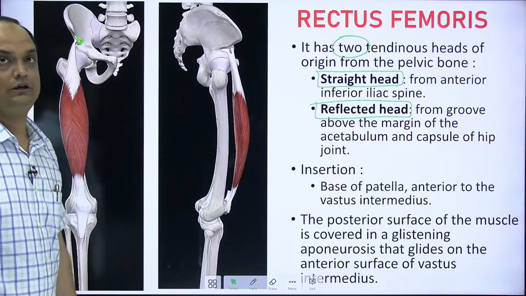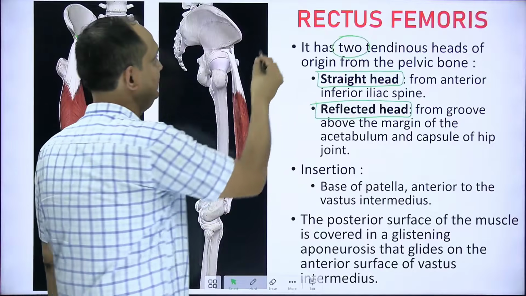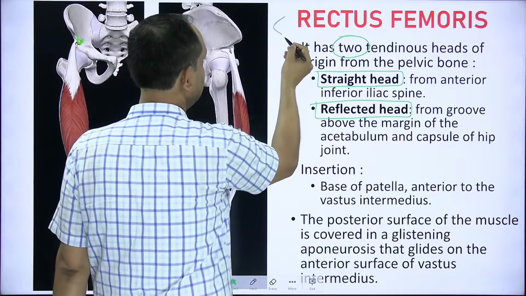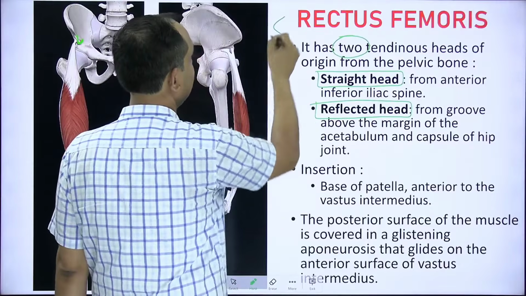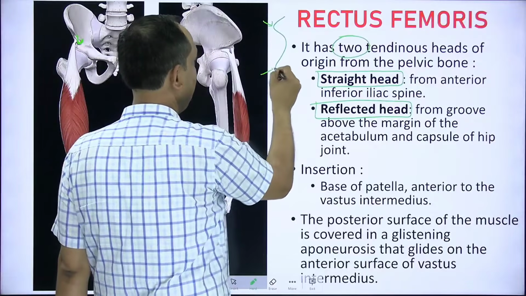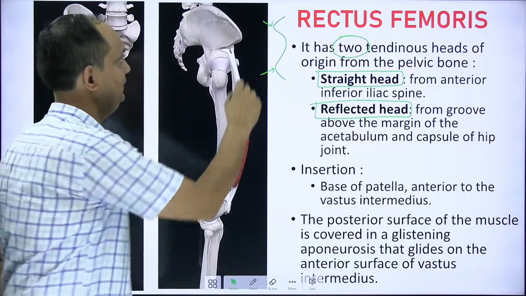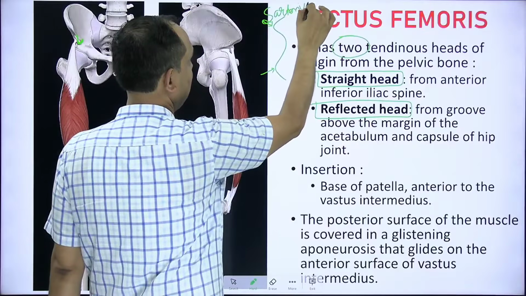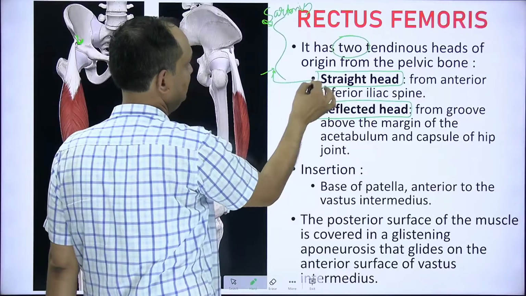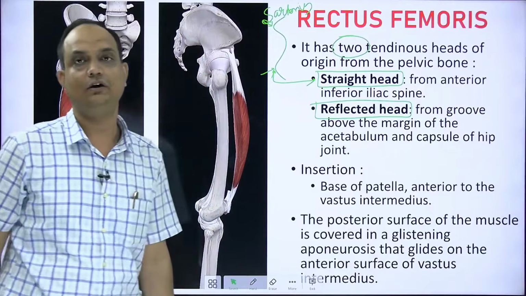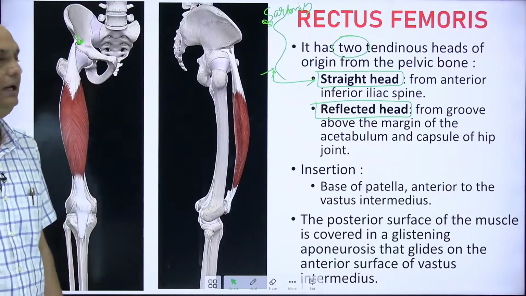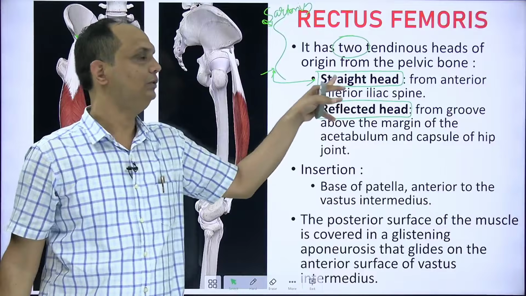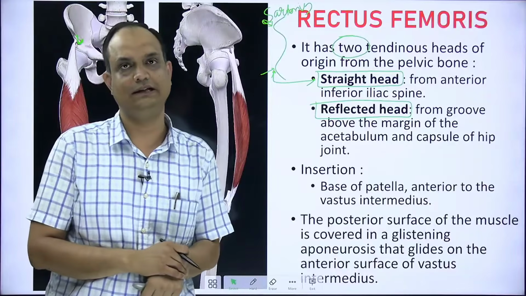Now, the question you may have: once you draw the anterior superior and anterior inferior iliac spines, the 2 spines give attachment to 2 muscles. The anterior superior iliac spine has the sartorius, and the anterior inferior iliac spine has the straight head of rectus femoris. Clear? So, these are 2 important questions for your exam.